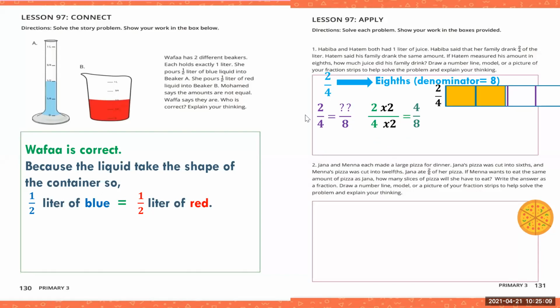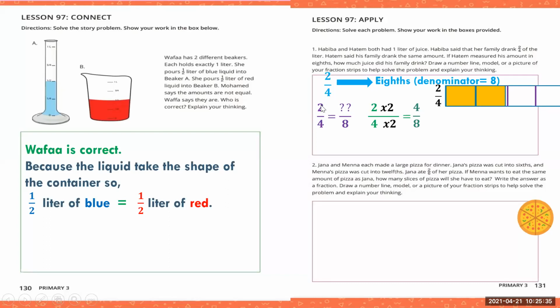Ryan, focus with me. It's the same idea. We have a fraction and we want to find the equivalent fraction for it. Here, 2/4 equals what over 8? What can we put here? Here, if we multiplied 4 by 2, it will give me 8.